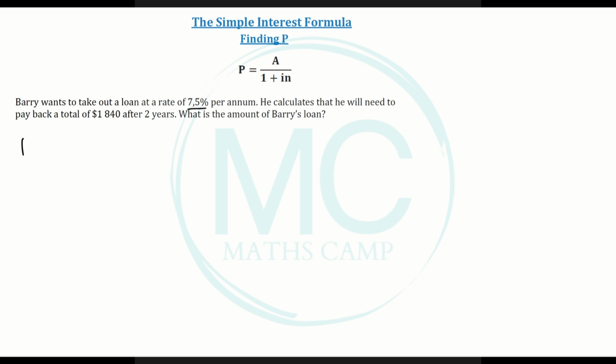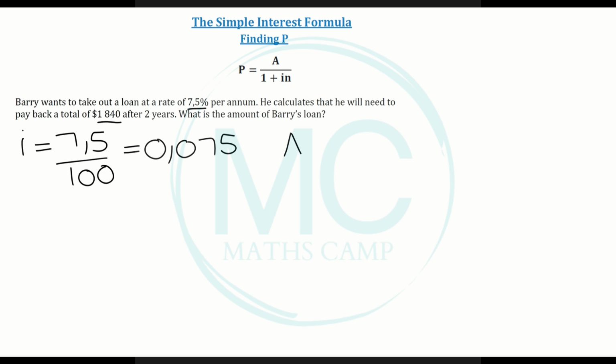Barry wants to take out a loan at a rate of 7.5%. So to find I, we say I is equal to 7.5 over 100, and we get 0,075. He calculates he will need to pay back a total of $1,840. This is the accumulated amount.